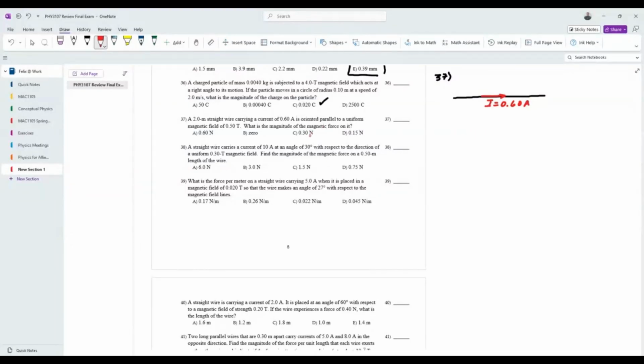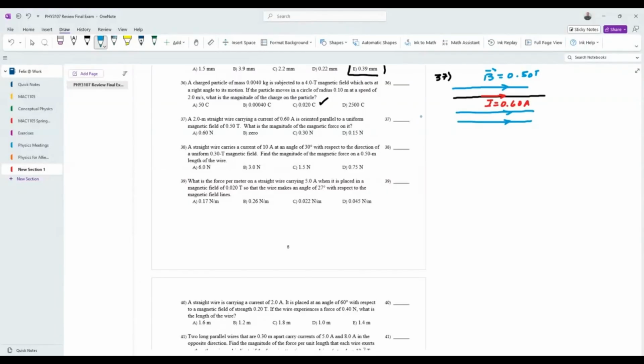Now, this is oriented parallel to a uniform magnetic field of 0.50 Tesla. So there is a uniform magnetic field here, like this. There is 0.50 Tesla.